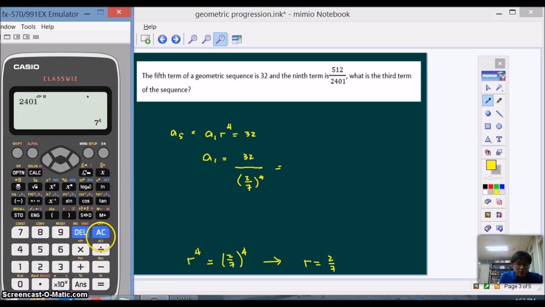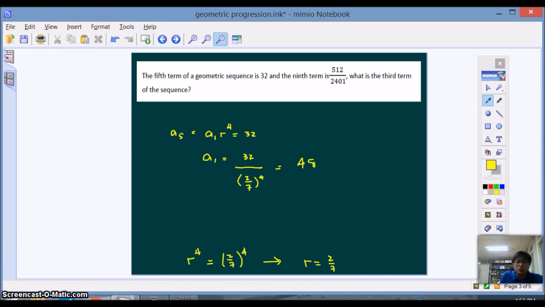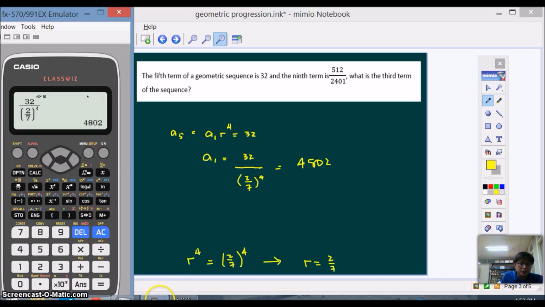The good thing about calculators which are in natural display is that you can just write the expression as is in the same syntax. So you have here 32 all over the quantity 2 over 7 and then raised to the fourth power. So the first term is 4,802. Let's check that. 4,802.